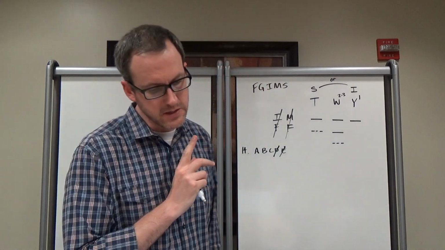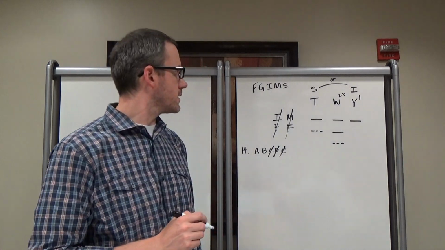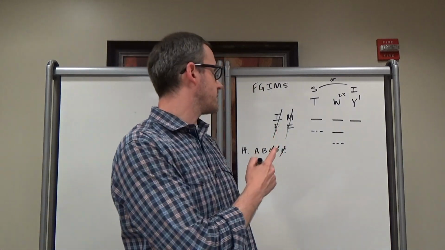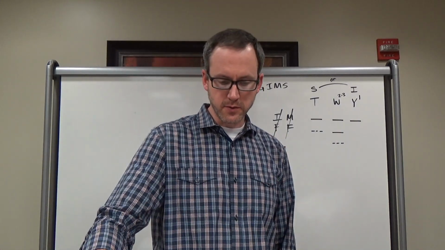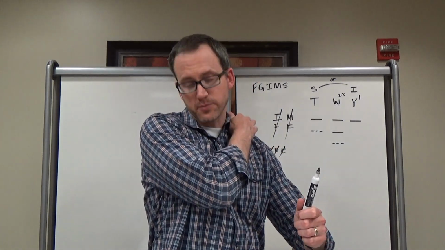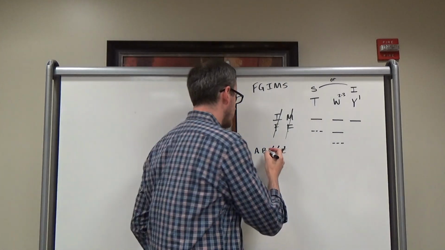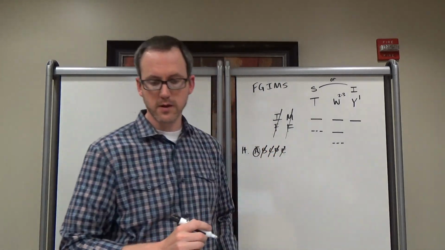F can't be with I or M. So that's going to get rid of C because F is with M. And then, what else we got? We got this complicated rule. They're definitely going to use that. So S has to be with T or I has to be with Y. That's a problem in B because B does not have either one of those. So it's out and it's A. Is that what we got?